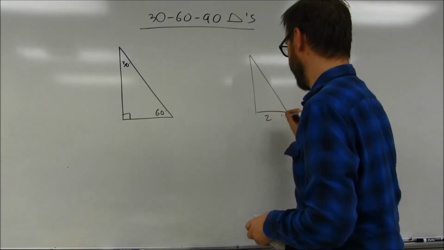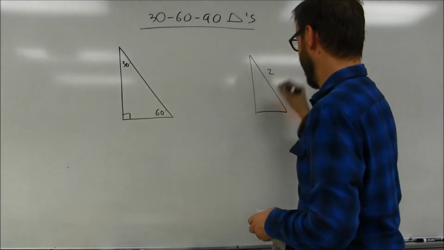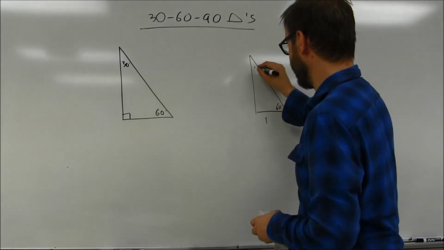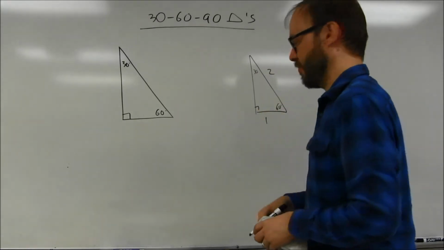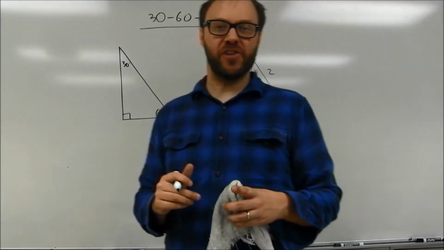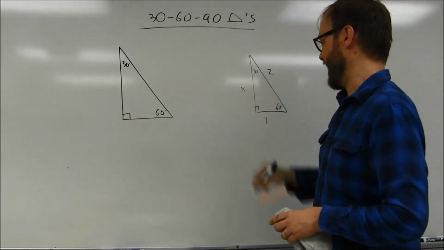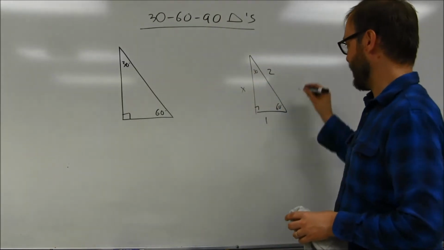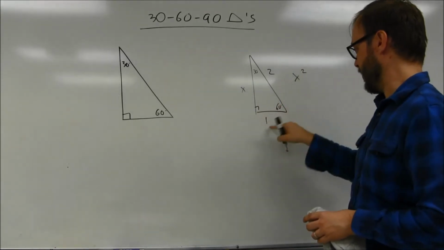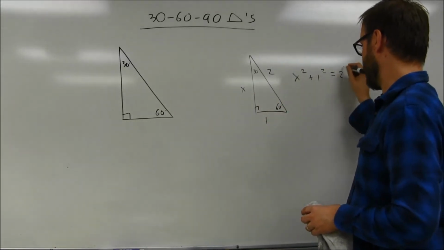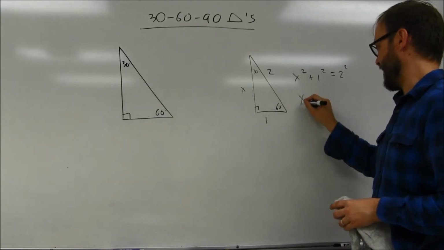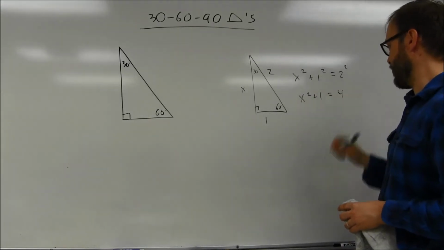Okay, so here's that triangle. We've got a side length of 2, and a side length of 1. There's my 60-degree angle, there's my 30-degree angle. I should be able to use the Pythagorean Theorem to find the missing side. I'll call that x. According to the Pythagorean Theorem, x squared plus 1 squared is equal to 2 squared. So x squared plus 1 is equal to 4.